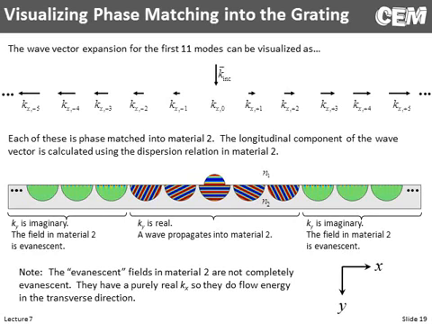So here's the full story. We have an incoming wave that hits something periodic. Because it's periodic, we get an infinite number of these kx vectors. And so I put kx and the 0 there, or the +1, +2, that's the diffraction order number. And as that integer m gets bigger, so does the kx component. So we phase match that into the second material. And what we'll find out is at some point these kx vectors are too large.